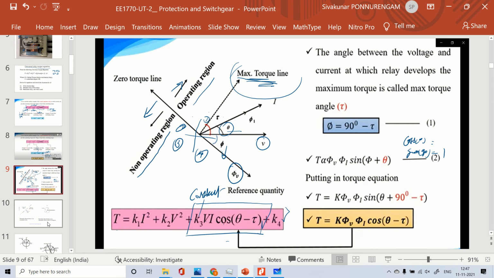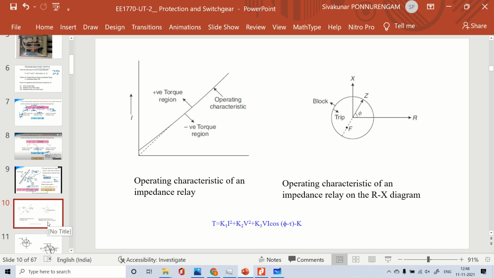So next we are going to see the operating characteristics of the relay. Normally, for the relay, this is the R value, which means resistance. This is the reactance value. So this is also named the RX diagram. Okay, the RX diagram.